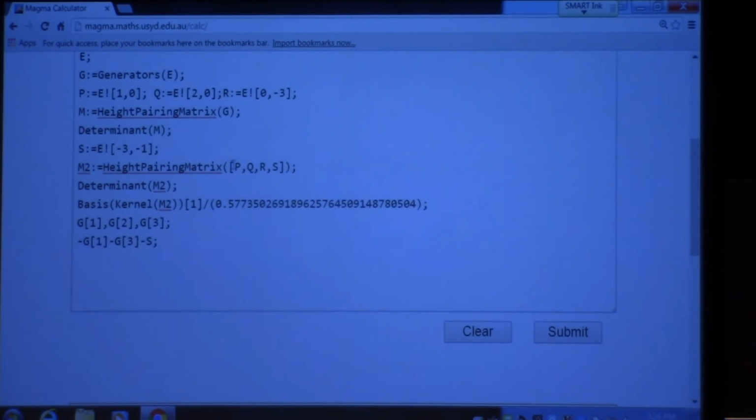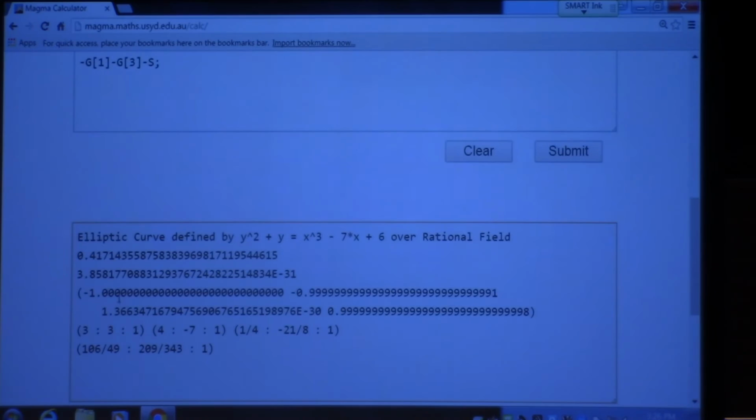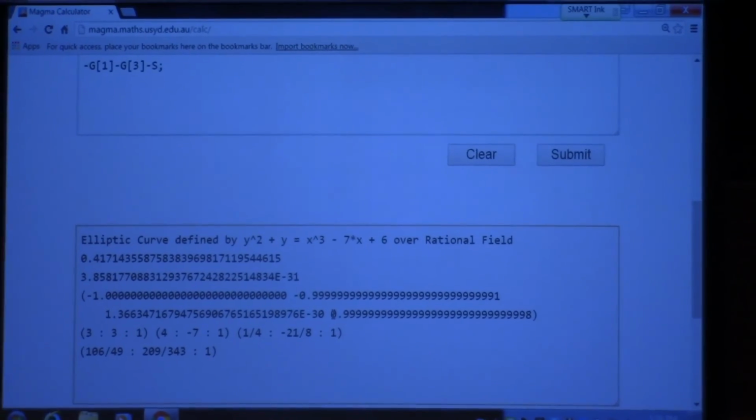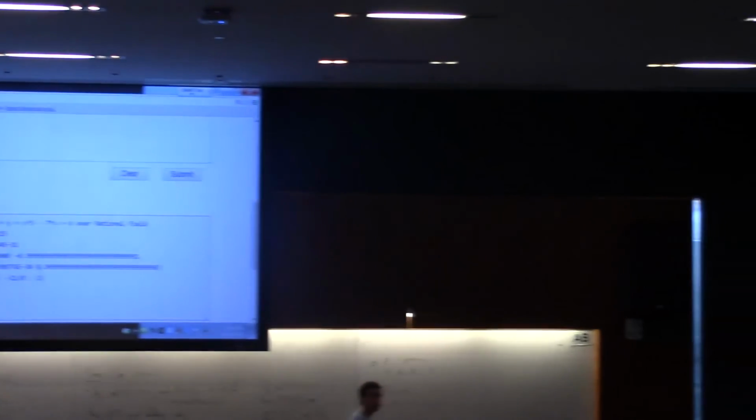P, Q, R, S. Yes, the determinant, the basis of the kernel divided by that number is still there somehow. And it's giving me now minus 1, minus 1, 0, 1. Okay? So now this is telling me, with the P, Q, R that we had originally in the example, that minus 1, minus 1, 0, 1 is in the kernel.